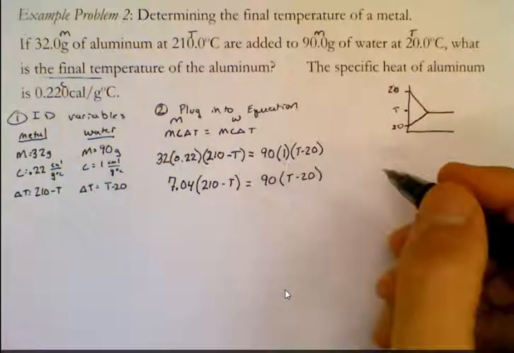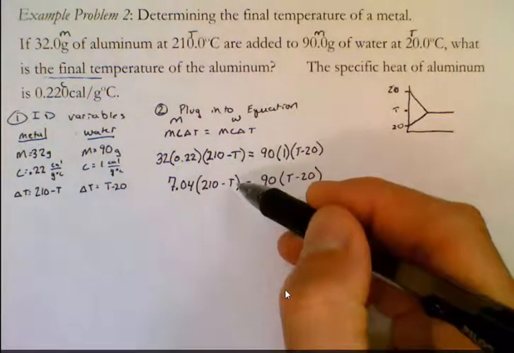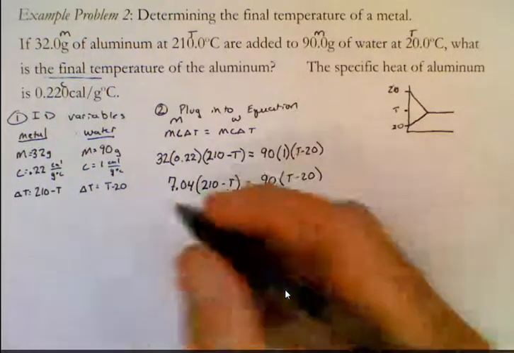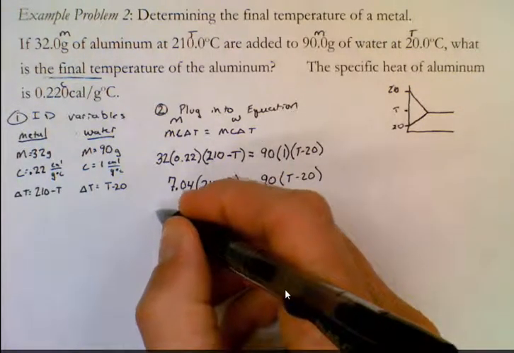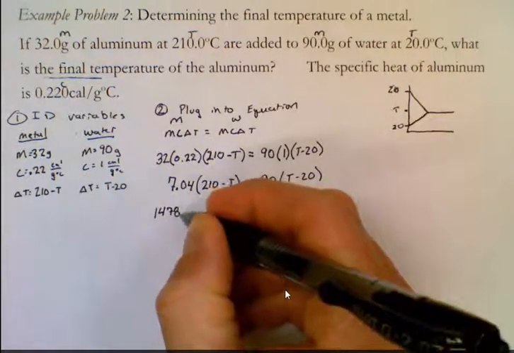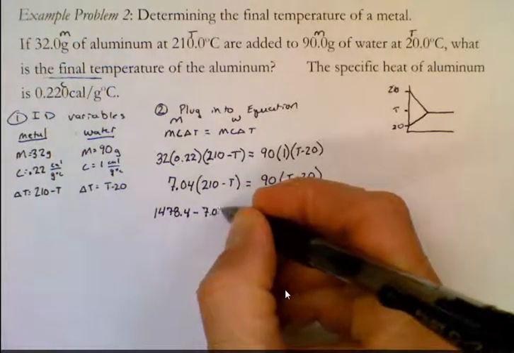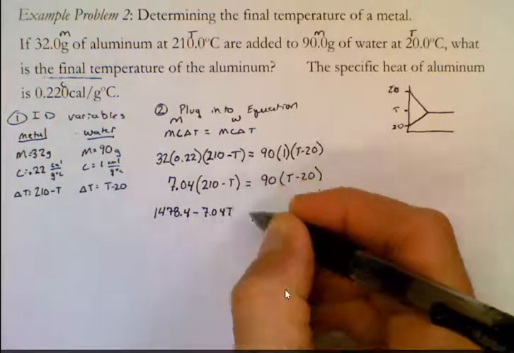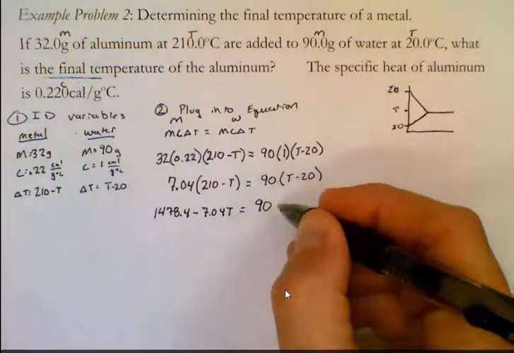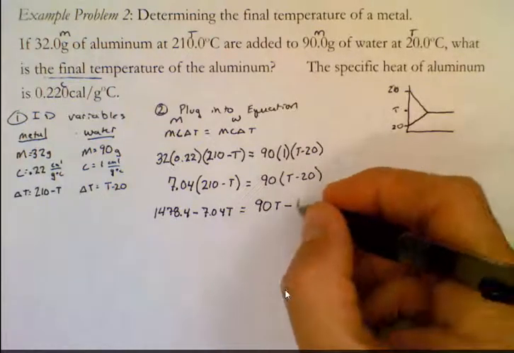The next step is to distribute the outside numbers into the parentheses. So 7.04 times 210 and times a negative T gives me 1,478.4 minus 7.04T. That's going to be equal to 90 times T, so 90T, minus 1,800.